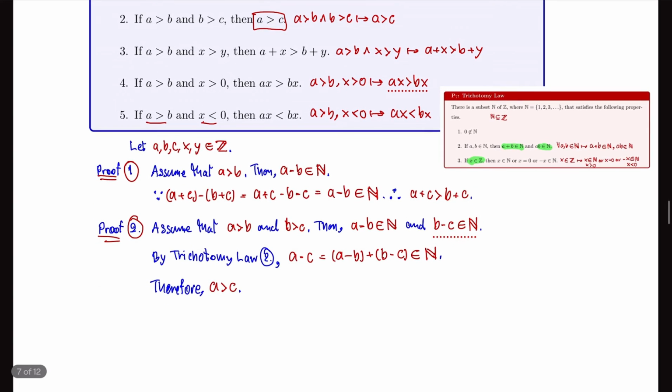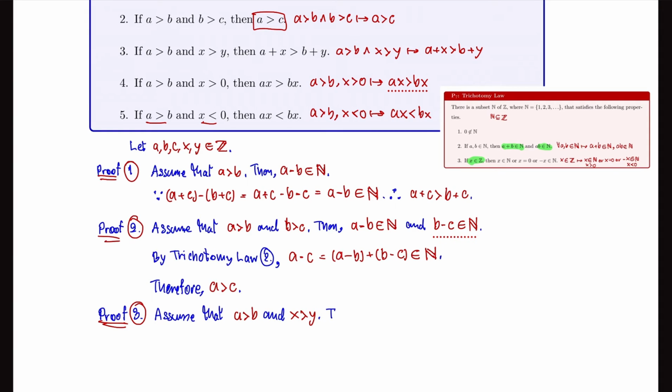Alright, the third one. Let's prove the third one. If a is greater than b and x is greater than y, then a plus x is greater than b plus y. Alright, so we will assume that a is greater than b and x is greater than y.